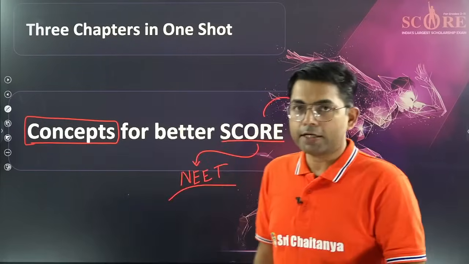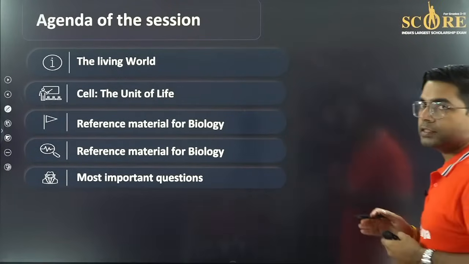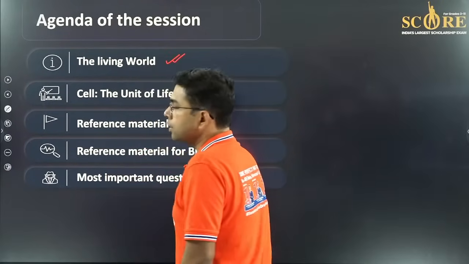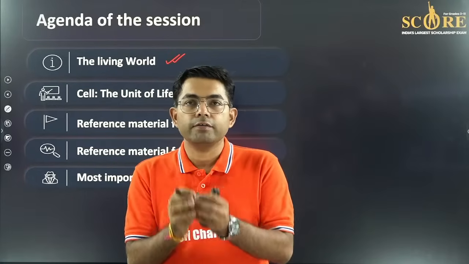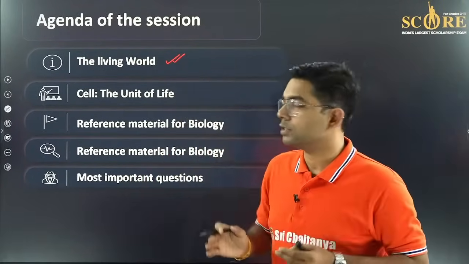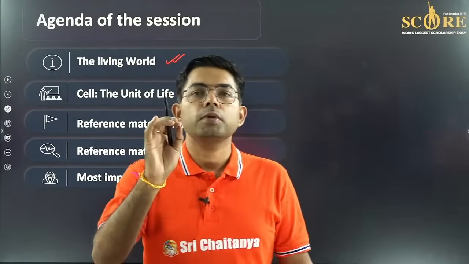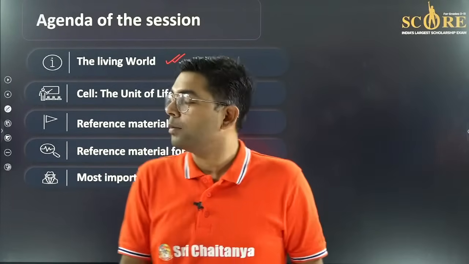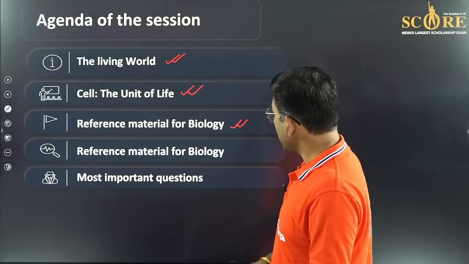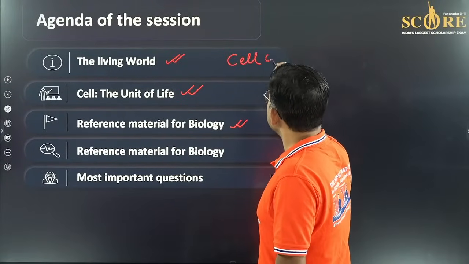So let's get started. As the thumbnail suggests, we will cover 3 important chapters. The first chapter is the living world, in which we will see the concept of living and the important points in this chapter, with respect to NCERT, which can be asked here. Next is the cell, a very important chapter that all of you must have been studying for a long time. One chapter is missed, and that is the cell cycle.